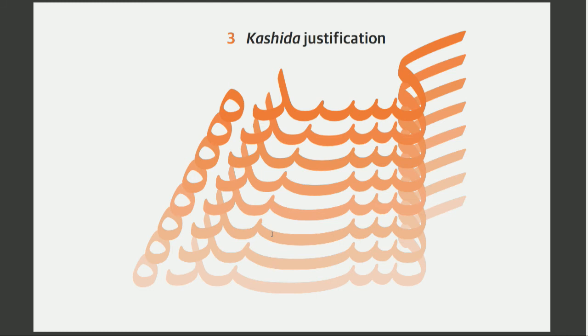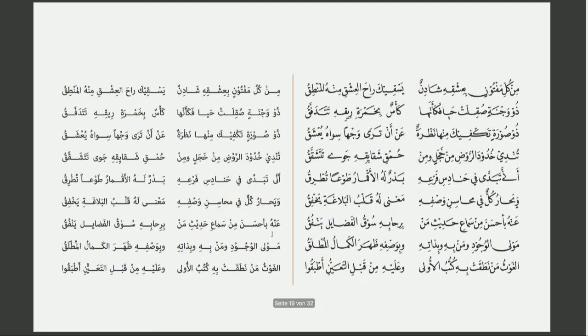And since fairly early on in the typesetting of Arabic in Europe, this has been understood as, we can justify text this way. All you need to do is stick one of these things in and just push stuff apart and you can justify text. And this is exactly what happens still in Arabic justification algorithms in Word and InDesign and other places. So this is some classical Arabic poetry, which is rhyming couplets, but with a kind of metrical verse division in the middle.